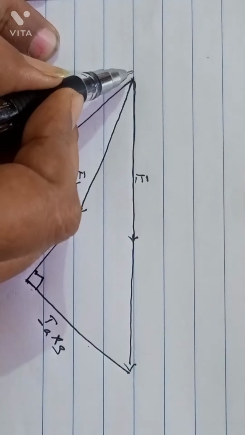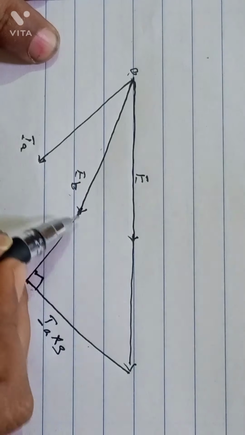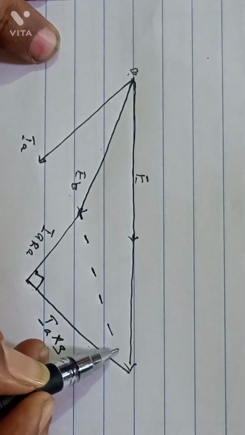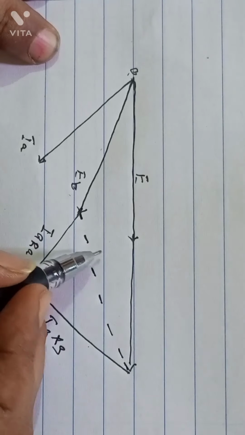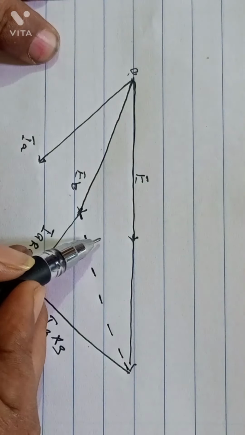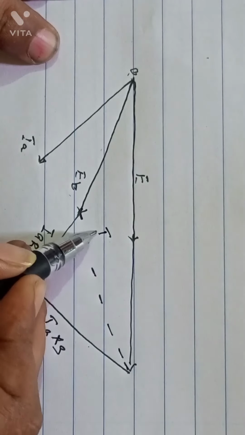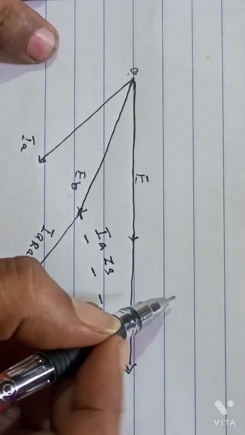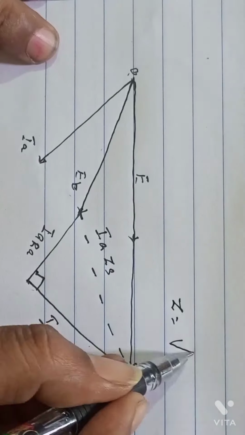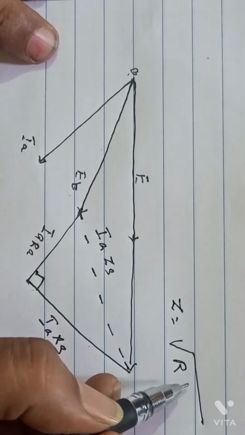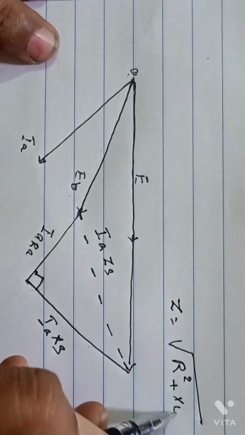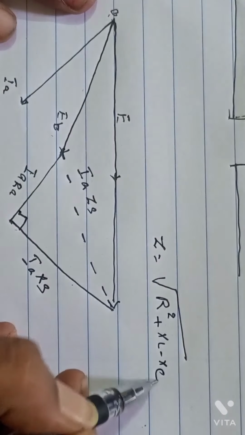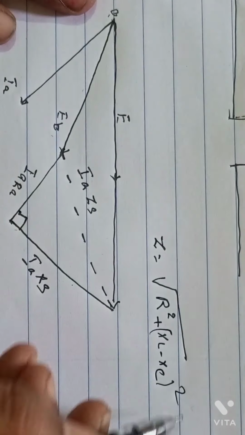Then it is origin 0 to EB. Then what is this? Hypotenuse or diagonal. Diagonal is IA into ZS. What is Z? You know, Z is equal to root of resistance square plus XL minus XC the whole square.